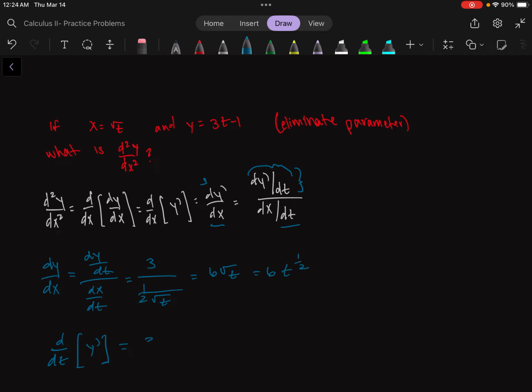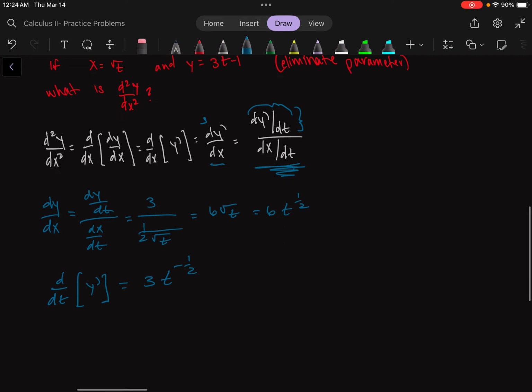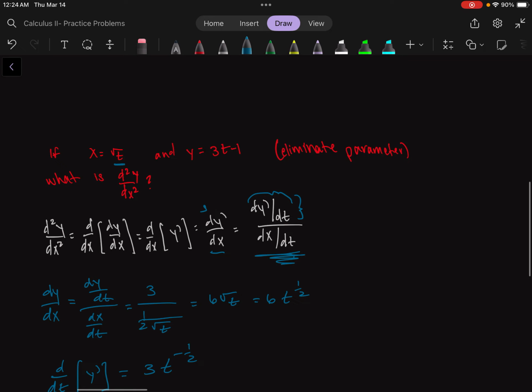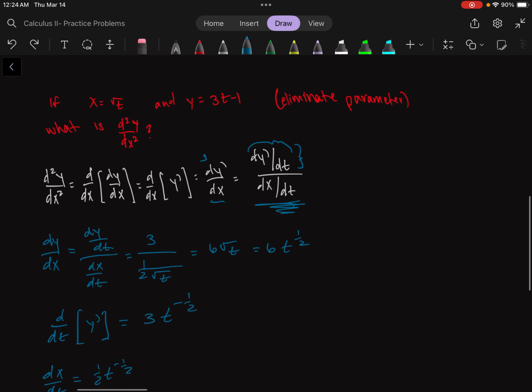So the 1/2 is going to come down and we're left with 3. And then we're going to subtract 1 from the exponent. And we also need the derivative of x with respect to t. So the dx dt, we had already said that was just 1/2 t to the negative 1/2, right? That is the derivative of this square root of t.